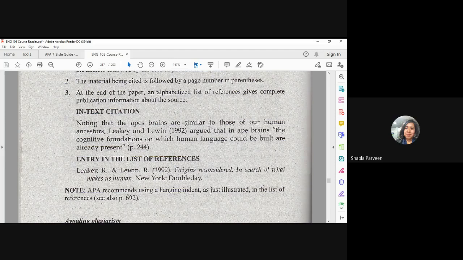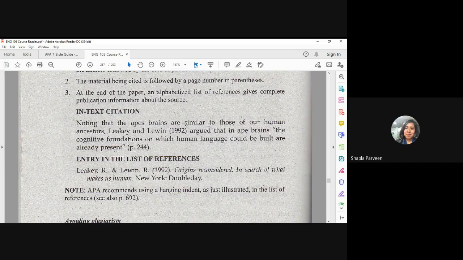When a quotation mark is given, these lines have been directly taken from the original source. So when the quotation is written, "the cognitive foundations on which human language could be built are already present," close quotation mark, then in brackets the page number is given, p. 244. Since there's only one page, just a single p. is given.